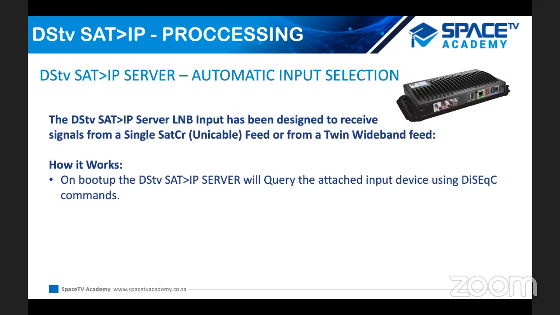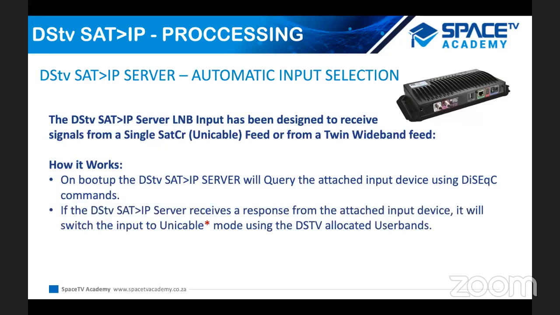On boot up, the DStv SATIP server will query the attached input device using DiSEqC commands, typical SAT-CR unicable type setup. If the DStv SATIP server receives a response from the attached input device, it will switch the input to unicable mode using the DStv allocated user bands.